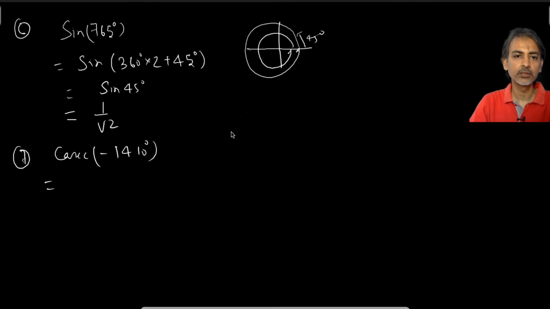What we can do is, first, let's add something near to this. So for example, 360 degrees into 2 would be 720 degrees, and 720 degrees multiplied by 2 would be 1440 degrees, right?